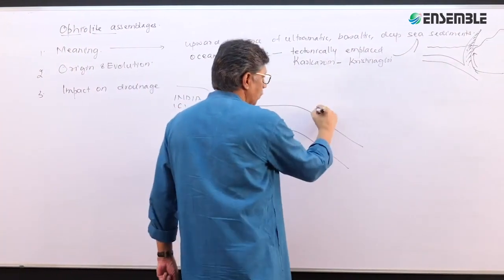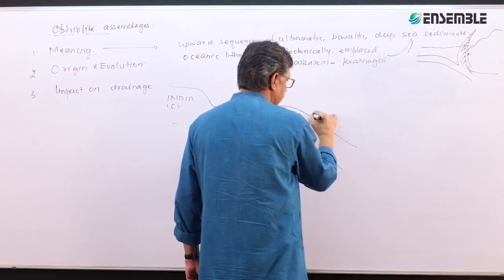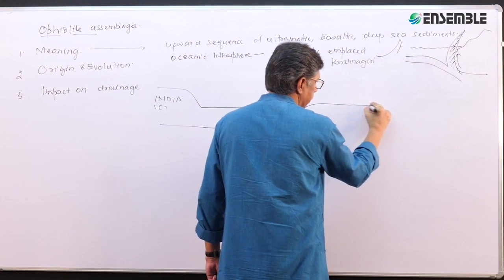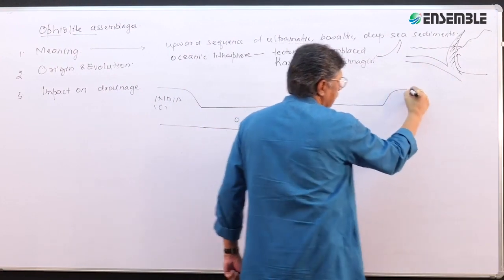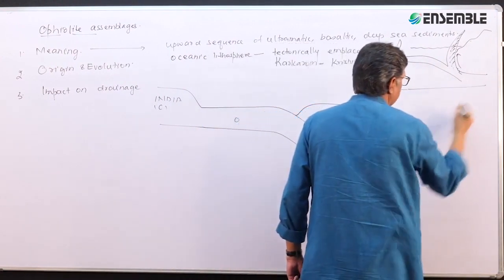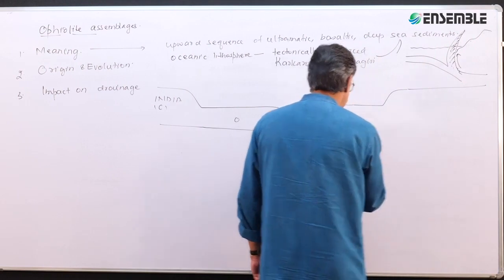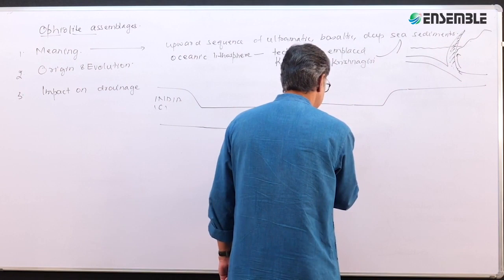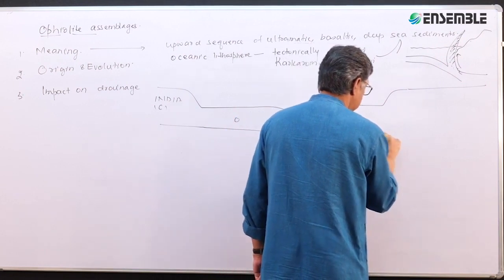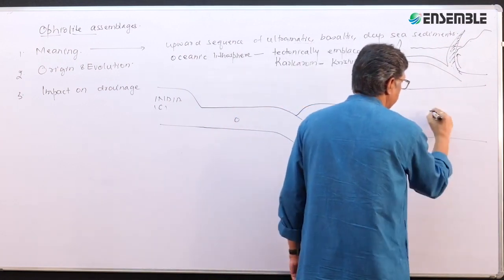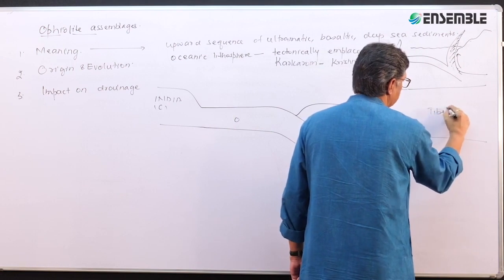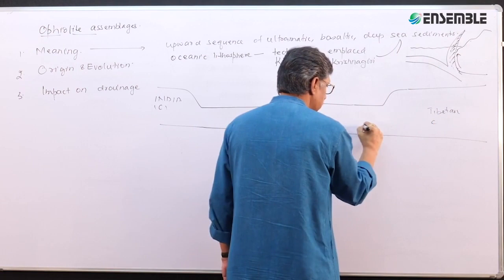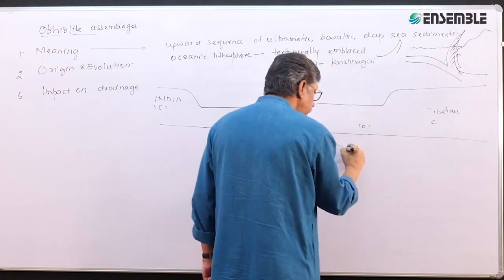This is where the Tibetan region was. That's where the Tibetan plate was. And this was again continental, this was oceanic.